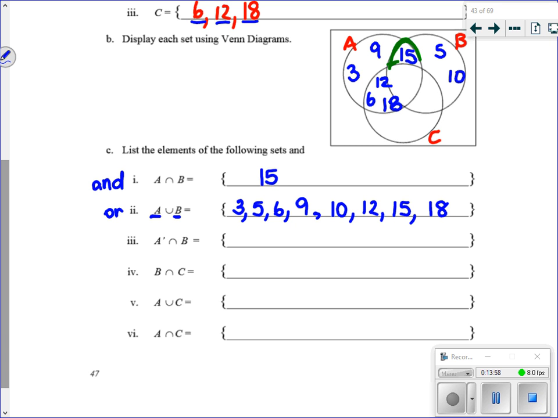Okay, so those are the elements that are in A, or in B, or in both. In other words, really, that's this whole area here, right? A or B or both. Okay, that's A union B.